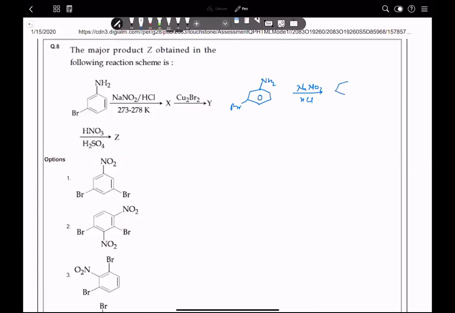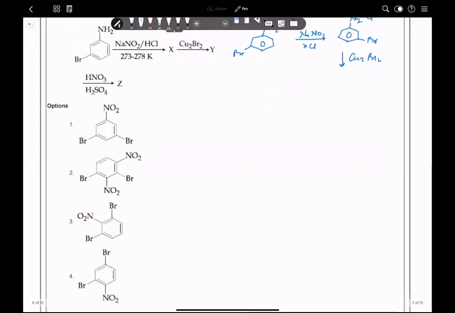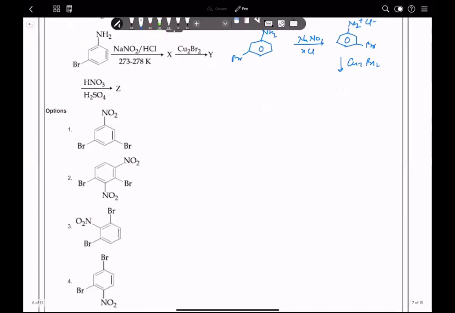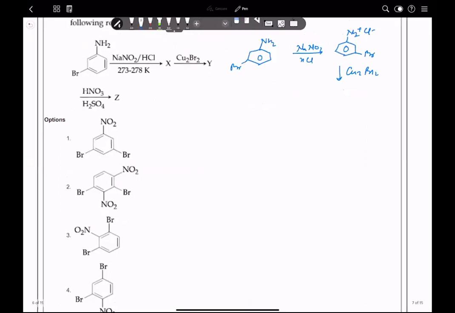It will form diazonium salt, and then it is treated with Cu2Br2. So instead of N2 gas, Br will appear. So that means your possible compound is this one.